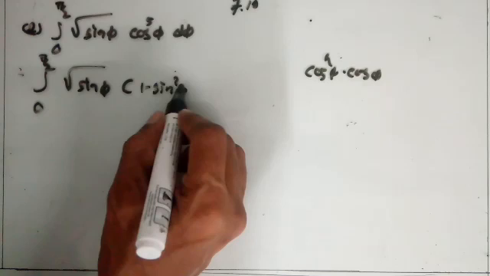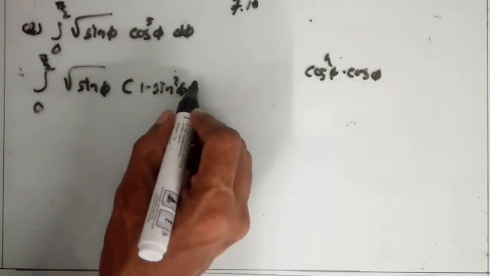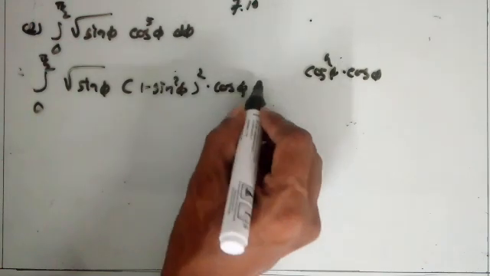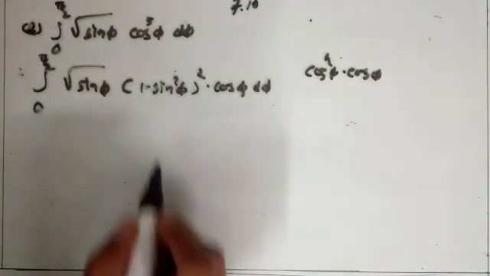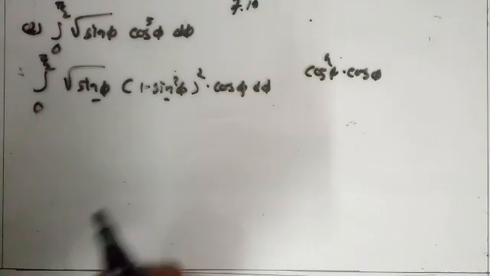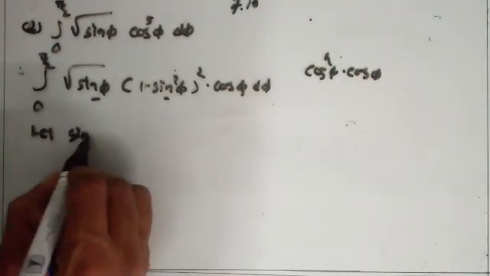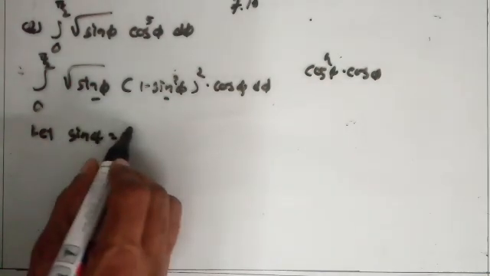So sin squared phi raised to 2 into cos phi d phi. Now let sin phi be equal to t.